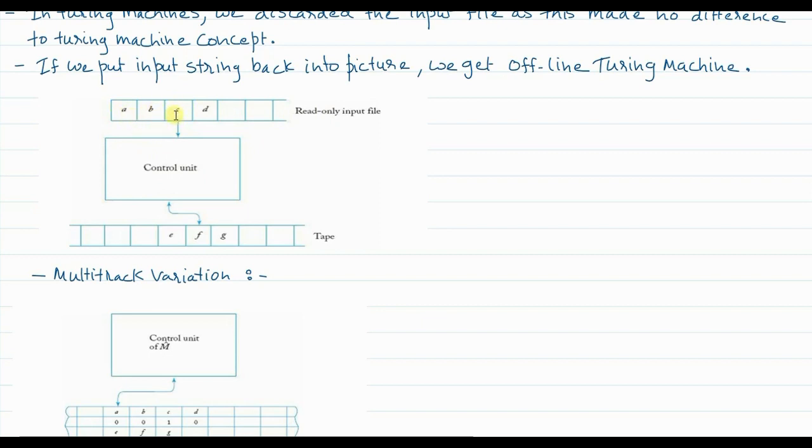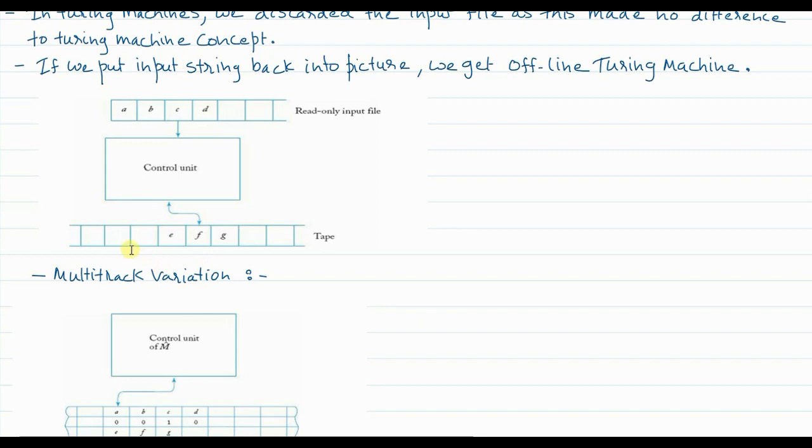Right now it is reading, say, C, and then the read write head over here, which is connected to the control unit, will perform the required operations on that input C. So this read write head will take this C, which is read from this input file, and according to your algorithm it may then read something on a cell, it may write something on a cell, or it may stay stationary and do the normal Turing machine operations.